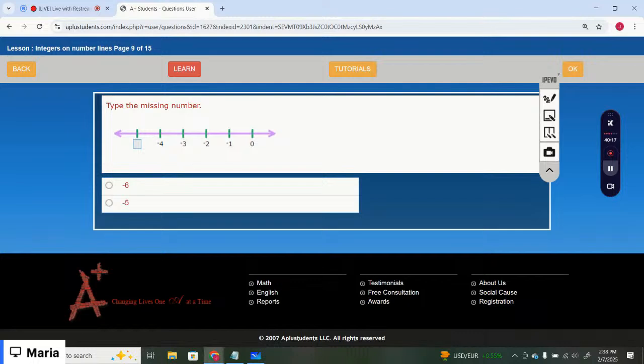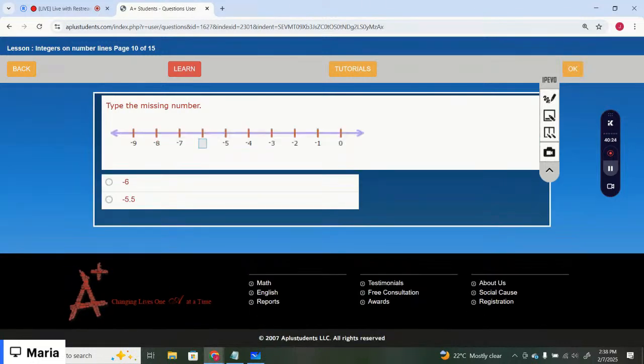That is negative 5. Option number 2 is the correct option. That is negative 6. Okay, you can complete the lesson by yourself later today.